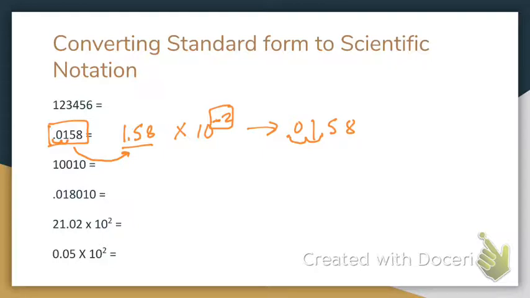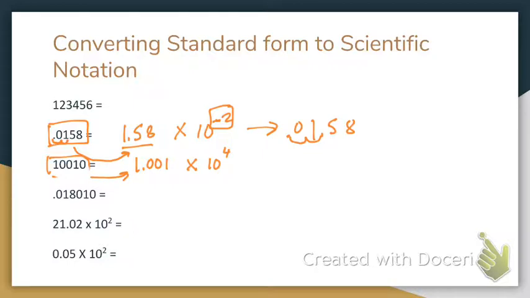Same thing here. The decimal, I'm going to move 1, 2, 3, 4. 1.001 times 10 to the. Now this number was bigger than the new number, so I'm going to use a positive exponent, and it'll be 1, 2, 3, 4, so a positive 4. I want you to notice a couple things too, and I chose this for a reason.